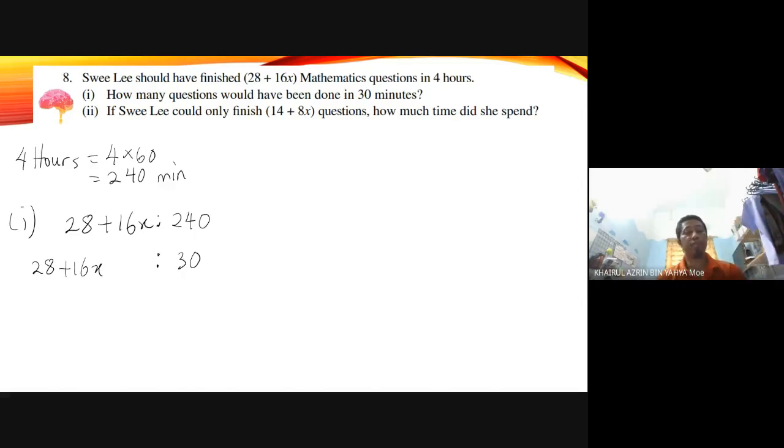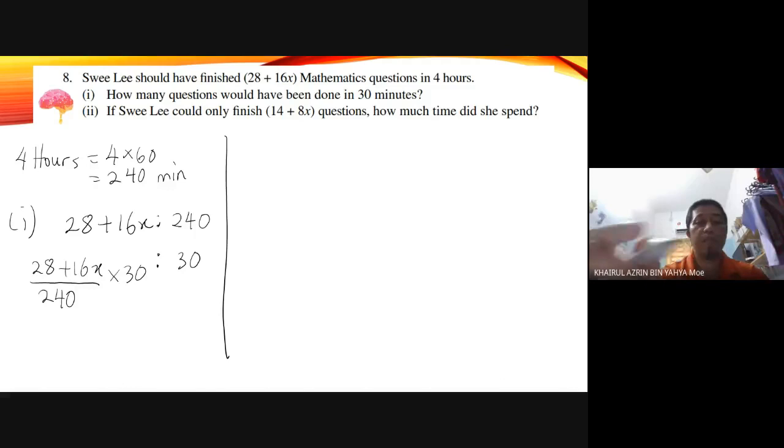From 240, we change to 30. So like this, we divide with the total, 240 minutes, and then we multiply with 30. Or actually, you can also divide with 8 only. Same answer. This one, I use the concept of ratio.